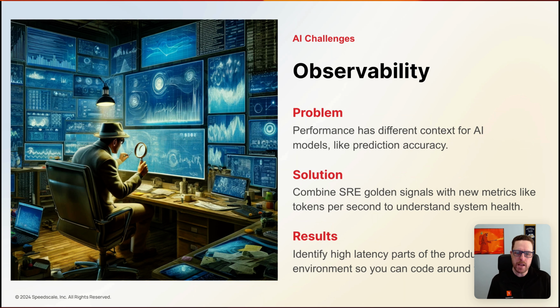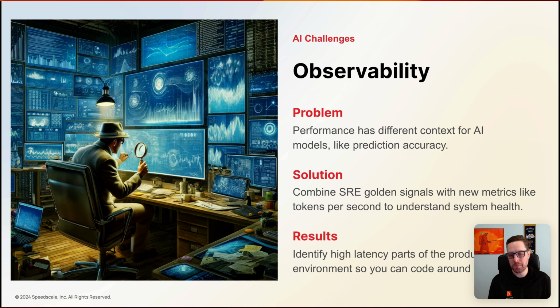In addition, for AI models, there's a couple of different things that you're going to want to include. Are the answers accurate? You may have it returning really inaccurate answers. This is actually the most common thing you see coming from the AI folks. When they talk about performance, they're actually talking about prediction accuracy. That's great. And another one you want to include is how many tokens are used.